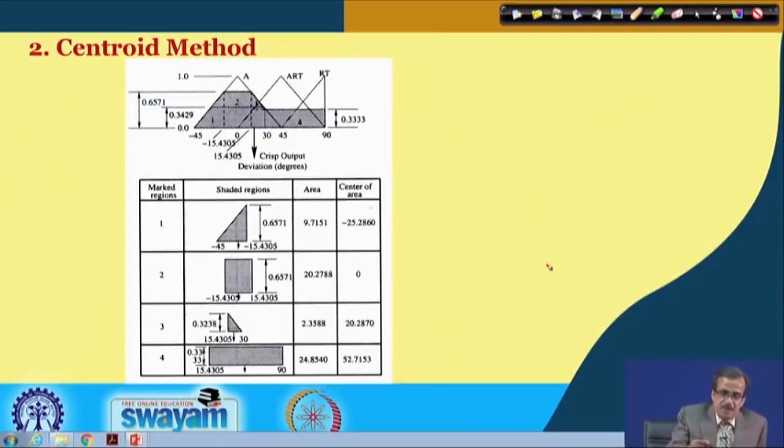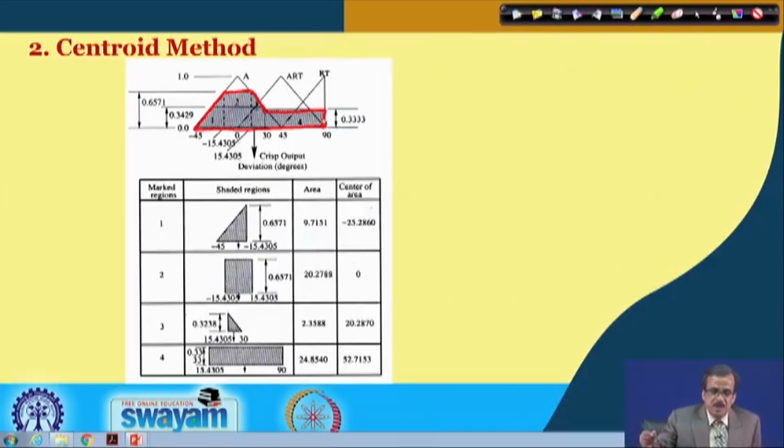For example, supposing this is the combined output after considering all 4 fired rules, we divide it into a number of regular subregions.